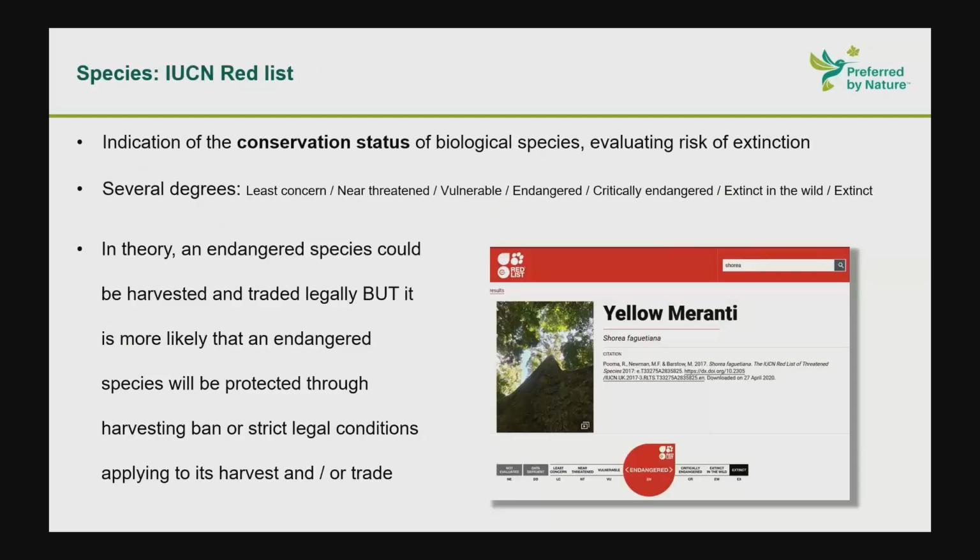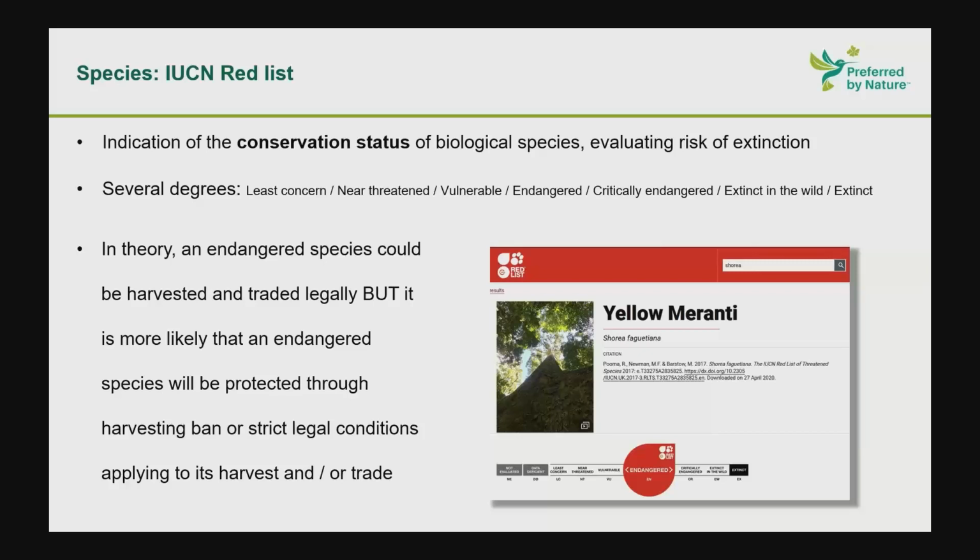It's a risk factor. Now, just a few words on IUCN Red List. The IUCN is just an indication of the conservation status of biological species. So basically, it's a scientific evaluation of the conservation status of a species. So it's not because a species is at high risk, endangered, that it cannot be harvested or traded legally.